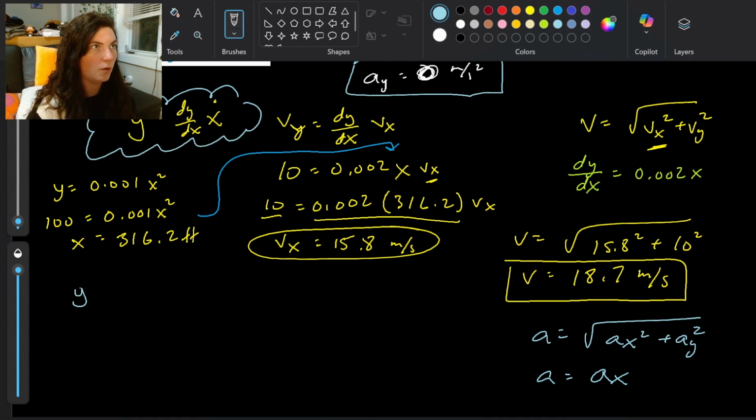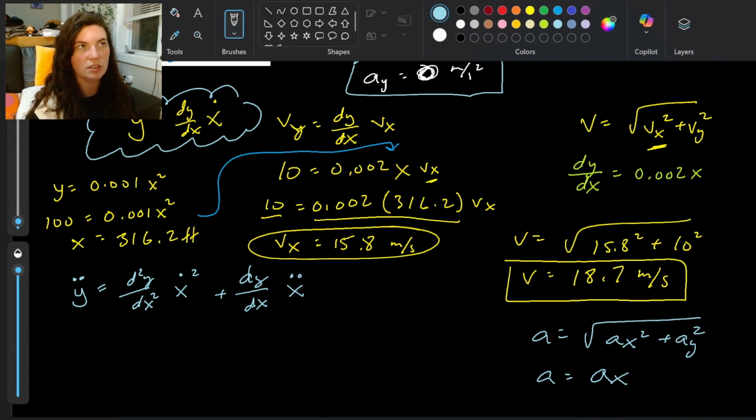And that's going to be our y double dot, the second derivative of y, equals d squared y over dx squared times x dot squared plus dy dx times x double dot.